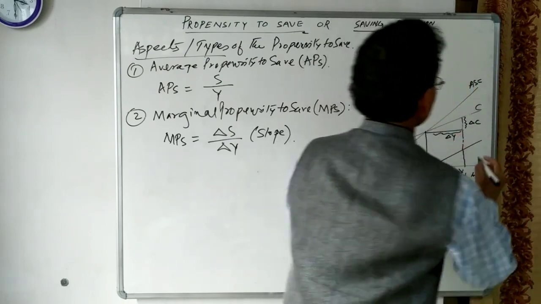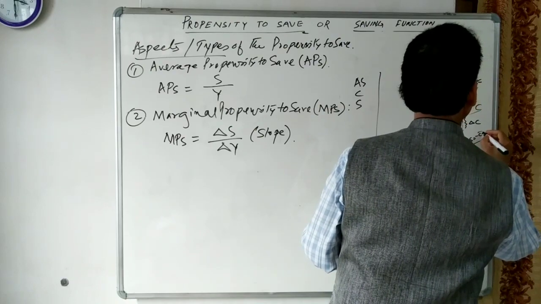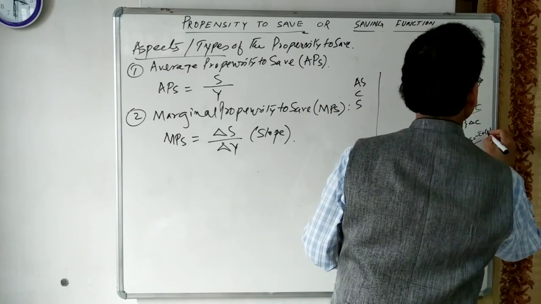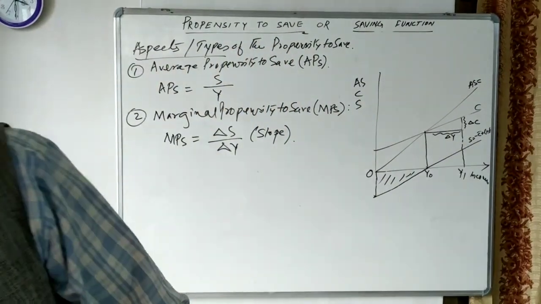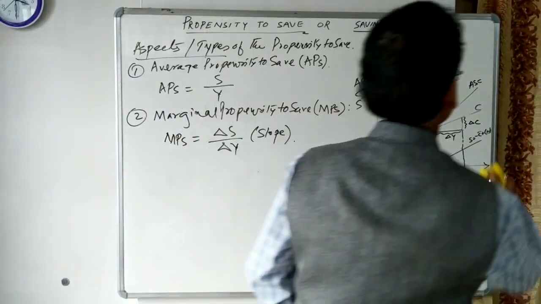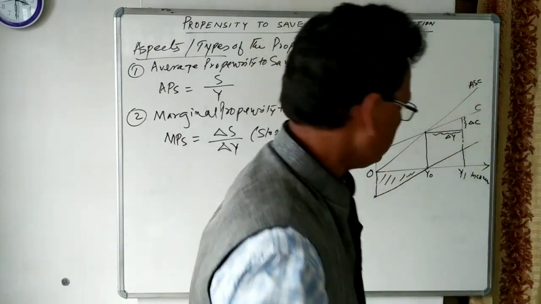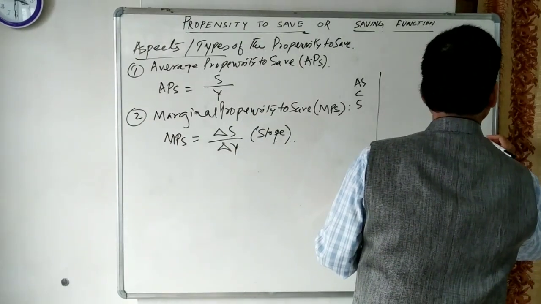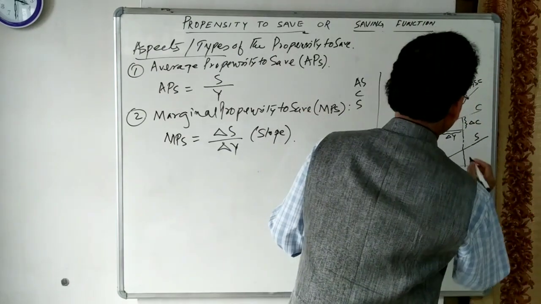But here, this is the saving line. It is S equals minus C intercept plus (1 minus b) Y. So let us take this line. This is the saving line, I will write S only. So what happened?